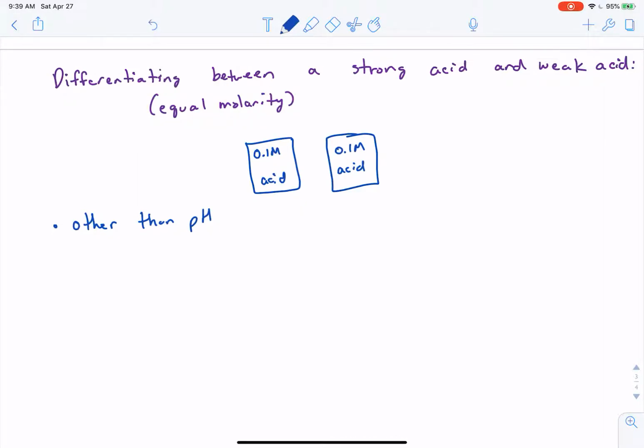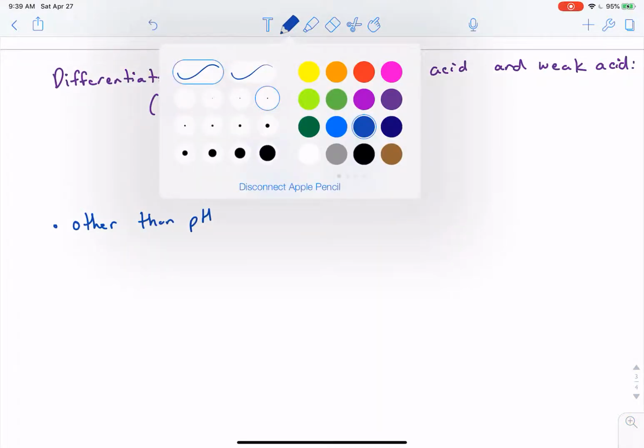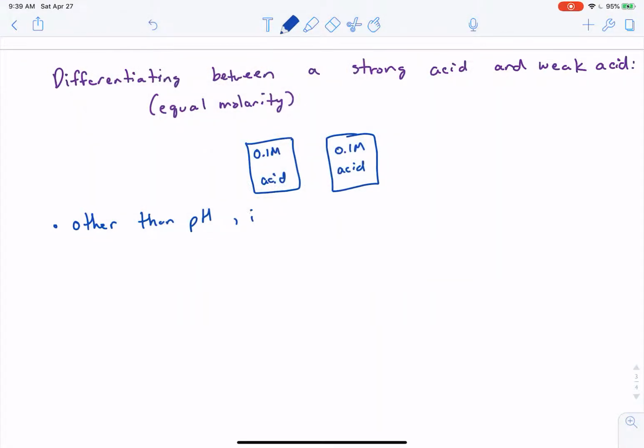So they'll say other than pH. Other than pH, identify which beaker contains strong acid. And there's several ways.